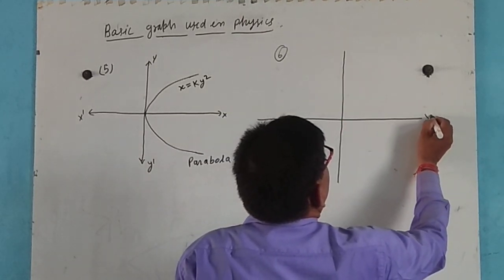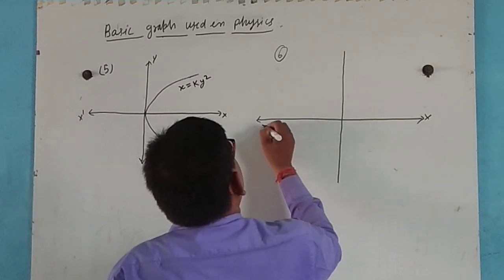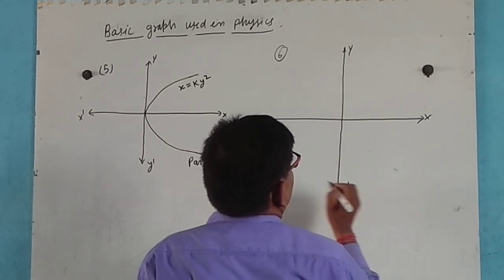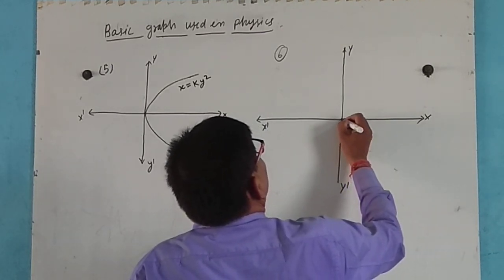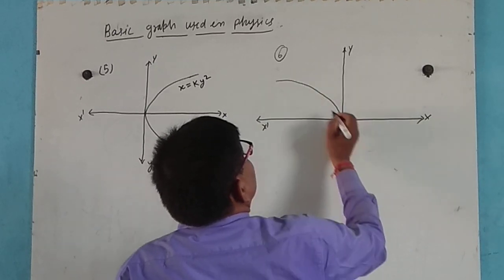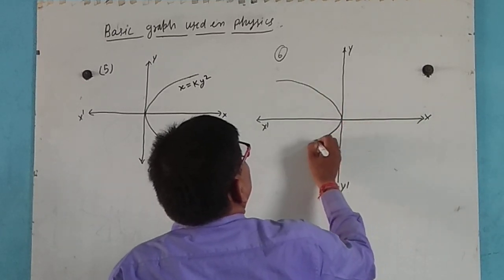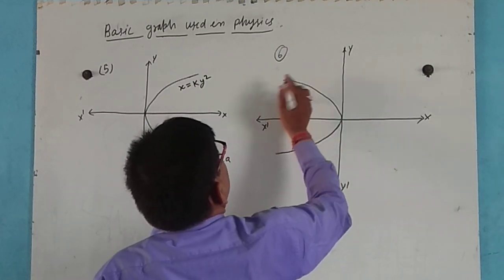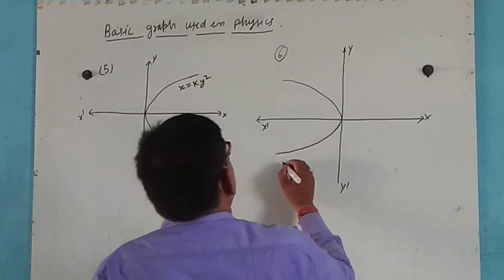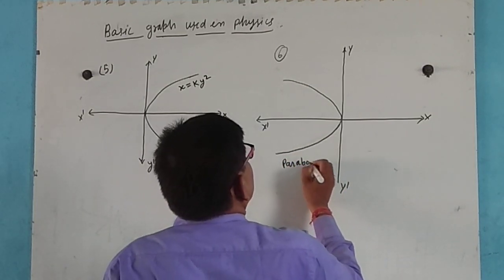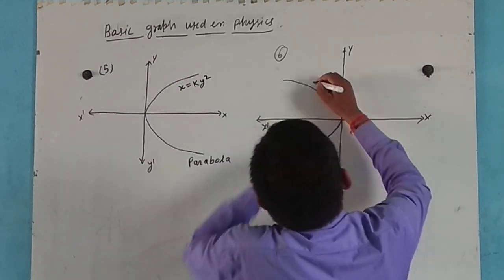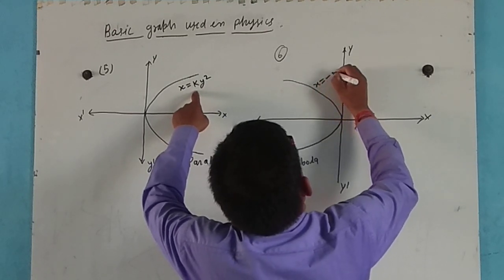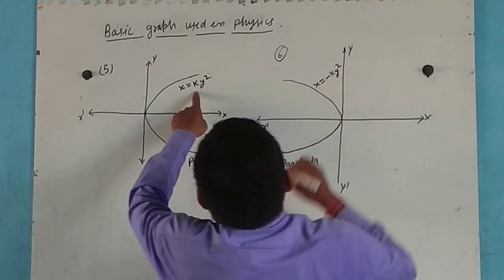If the mouth of the curve is in the reverse direction like this, this is x dash, and this is y and y dash. If the mouth of the parabola is like this, this is also a parabola, and its equation is x is equal to minus ky square.